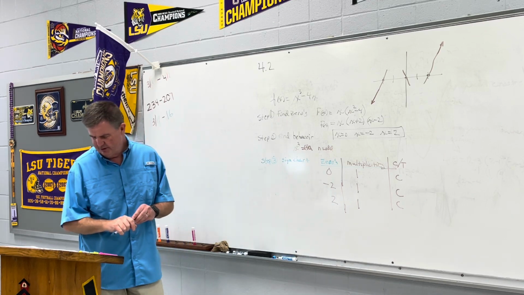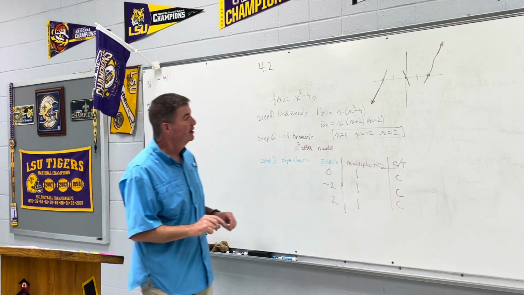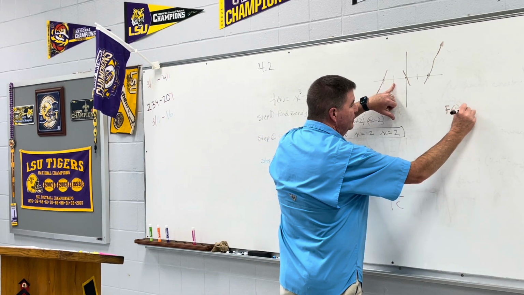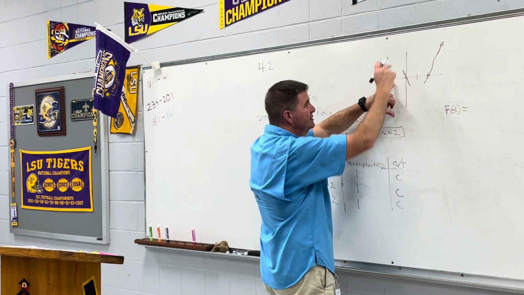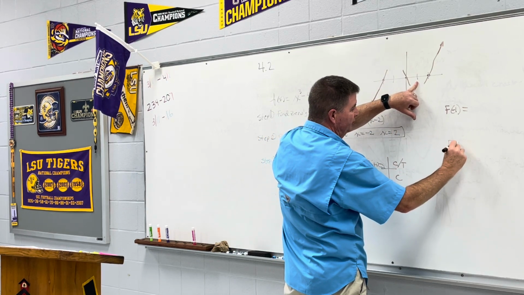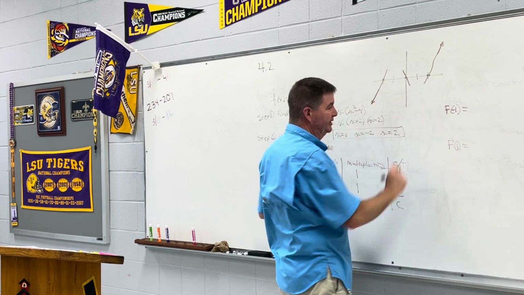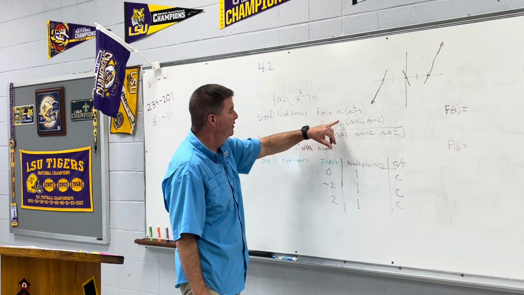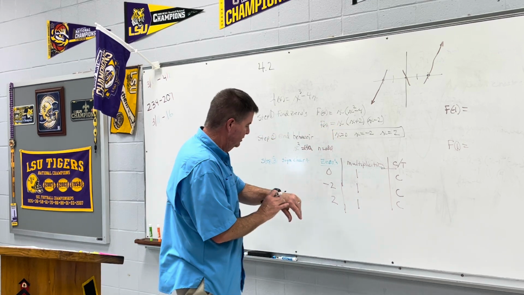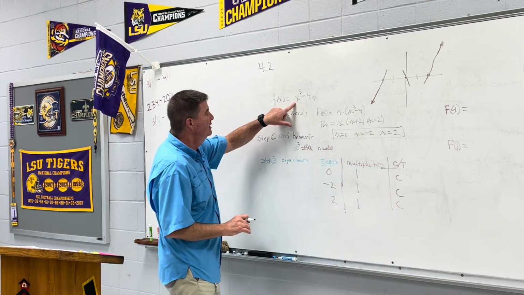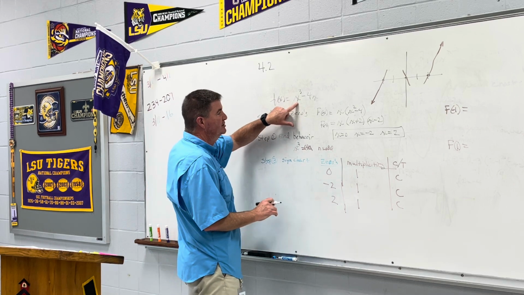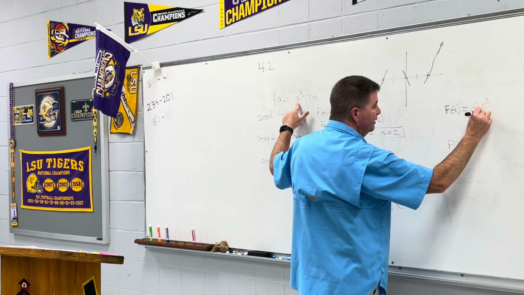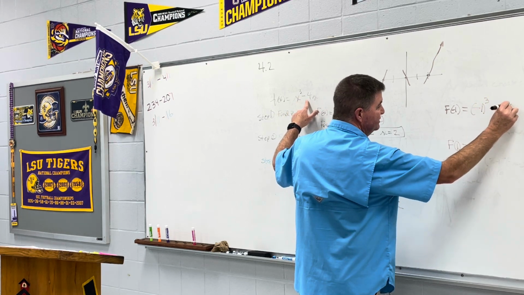So now we're going to look at plugging in some numbers. This is -1, so I'm going to find f of -1. That's going to tell me how high up it goes. This is 1, so I'm going to find f of 1. That's going to tell me how low it goes. All I'm doing is plugging these numbers into the x's to see how high and how low it goes. If I have -1, that's -1 to the third, which is -1, minus 4 times -1.